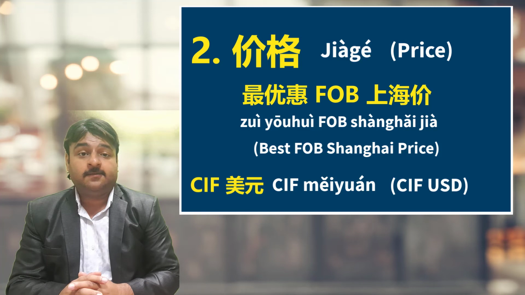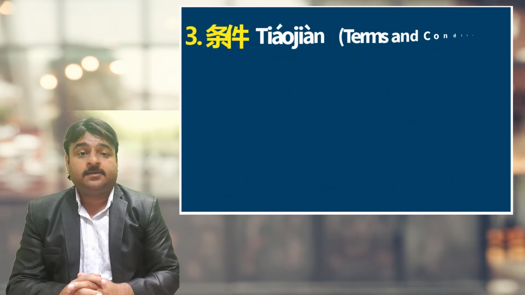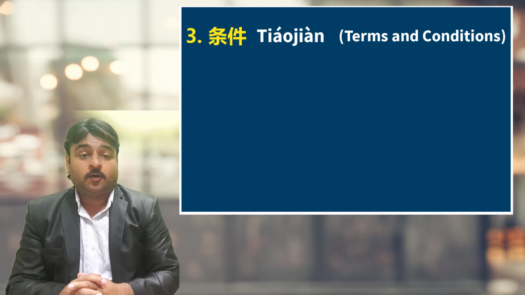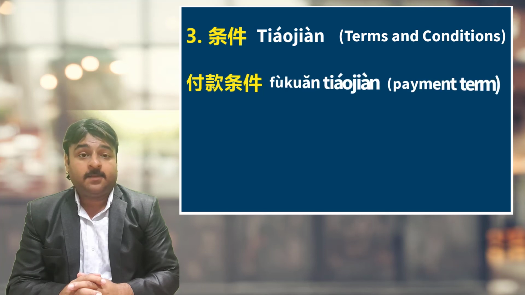Or if you are asking for CIF pricing, you could ask for the CIF price per yuan in American dollars. Next we look at terms and conditions. We have already seen these important terms and conditions. First is payment terms and conditions.